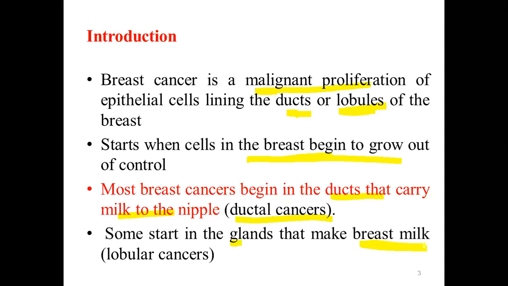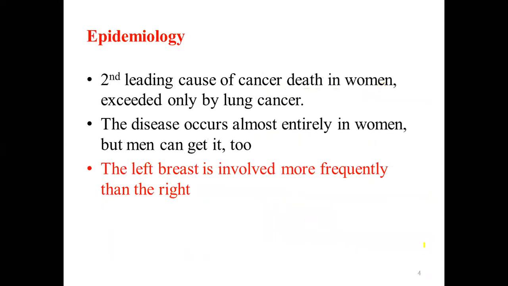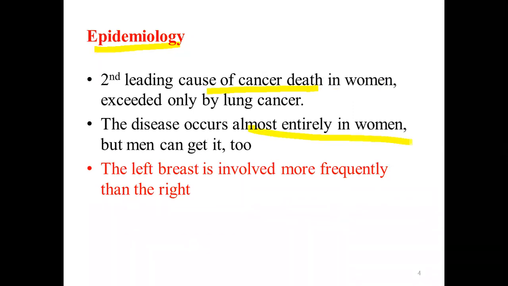Lobular carcinoma accounts for a few percent of breast cancer in the clinical setting. So when you look at it epidemiologically, it is the second leading cause of cancer death among the women population, exceeded only by lung cancer. Then the disease occurs almost entirely in women, but remember, a few men can also get breast cancer.